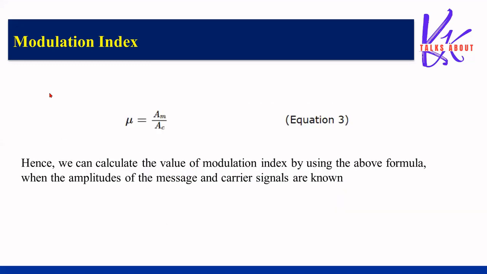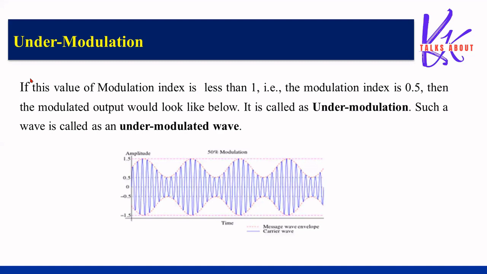If the ratio of Am by Ac, that is the modulation index, is less than 1, let us take the example of a modulation index of 0.5, then the modulated output would look like below.